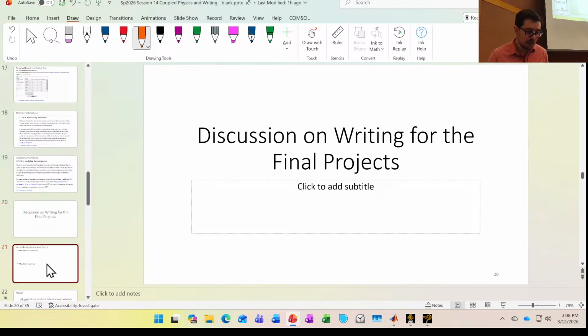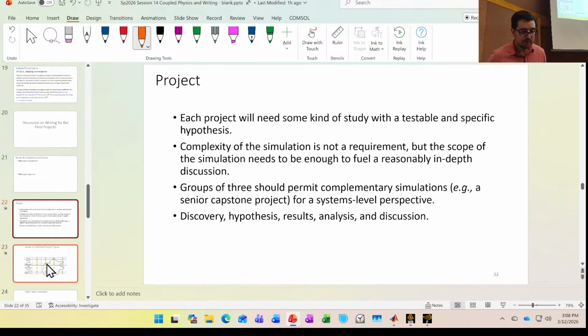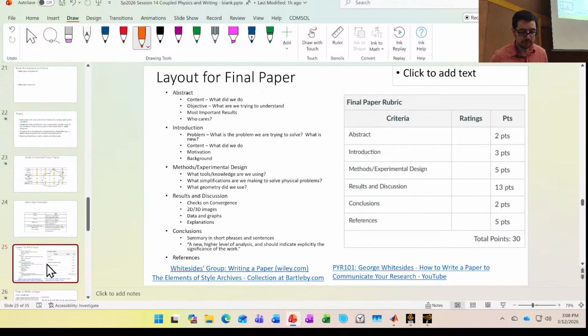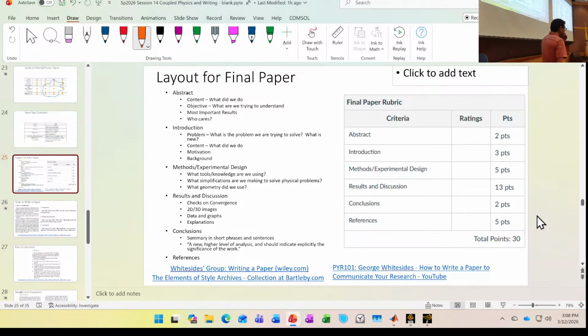Okay. Let's talk about writing just briefly. This is the weighting of the sections in your final paper. Okay? So you abstract, you're trying to get 30 points. Which section is the most important?